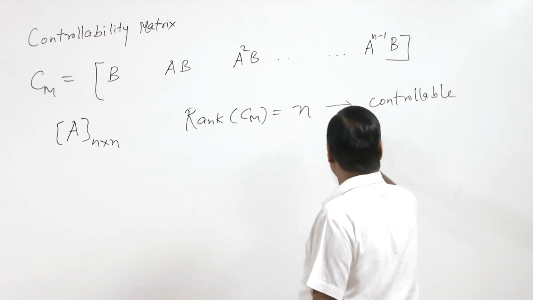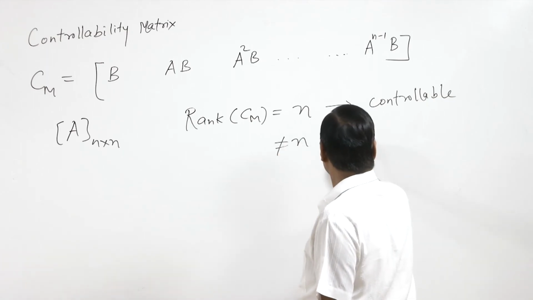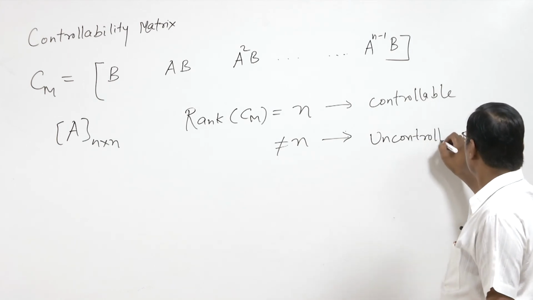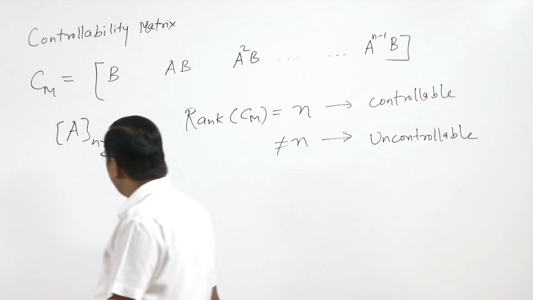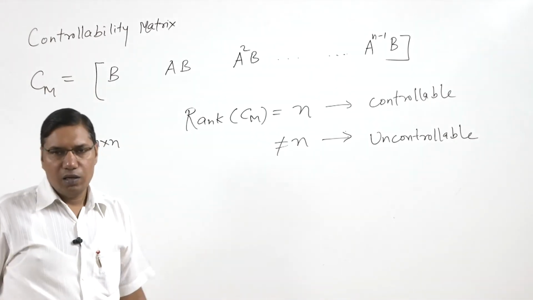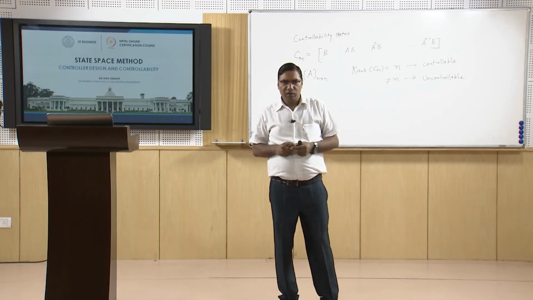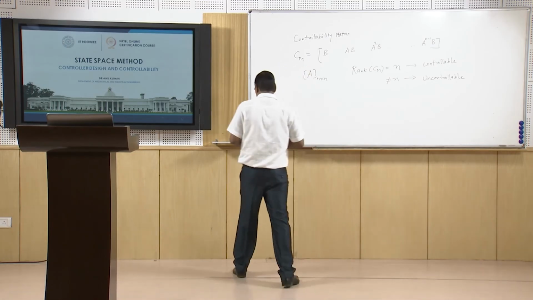Otherwise, if it is not equal to n, then it is uncontrollable. So for any system we can use this method to find the controllability. First we calculate the controllability matrix. Let's take one example.